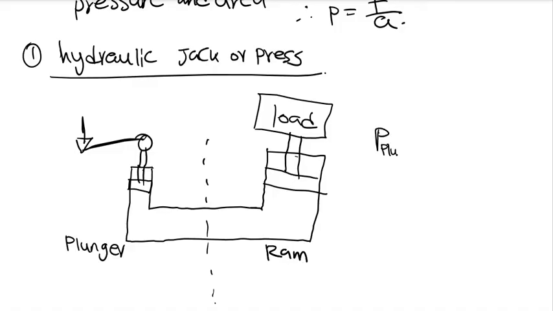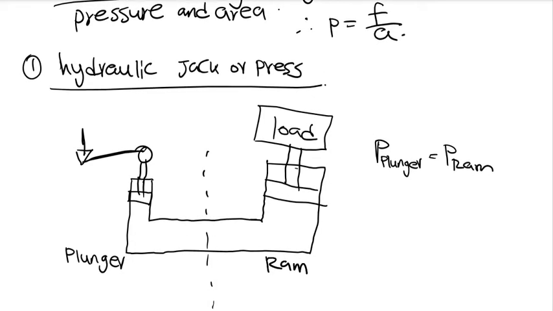Pressure on the plunger equals pressure on the ram, meaning that we know pressure is force over area. So on this side, we have a force acting going down. And on this side, we have a force which is our W. W is what? It is weight.